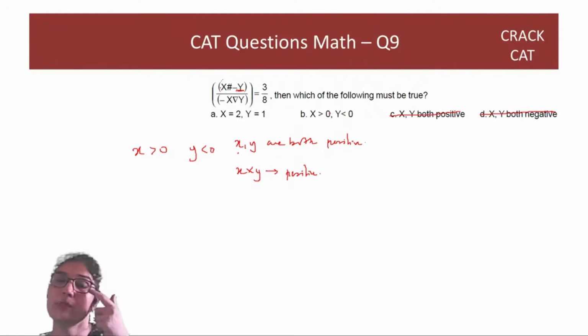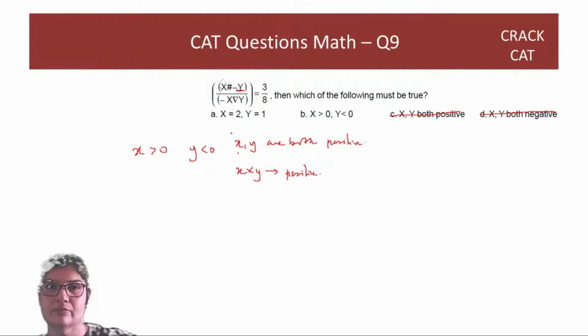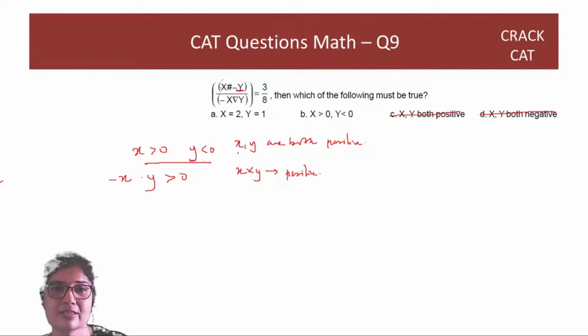And now in the denominator, the product has to be positive. So minus X into Y. If Y is negative, minus X into Y will be positive. So this is what works. So you're looking at option B. Right? Great. Let's move on.